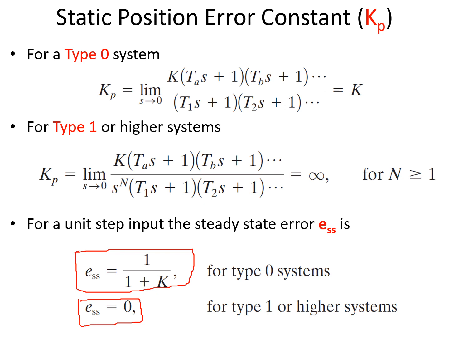So it is 1 divided by 1 plus infinity. All of you know that 1 divided by infinity is equal to 0. So for a type 0 system you have a finite error value, but for a type 1 or higher system, the error is going to become 0. That is with the position constant Kp, taking the input as unit step.